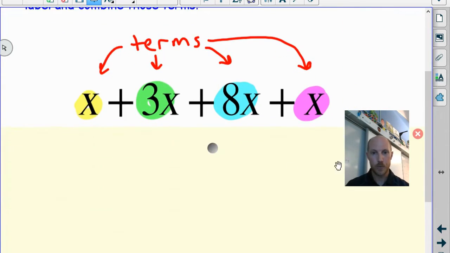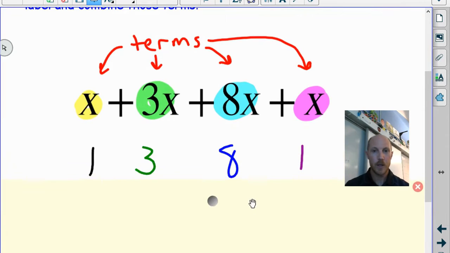Okay, so in this expression, I've got these different terms. Each of those is a different color. Each of those terms has a coefficient. If there is not a visible number, like on the yellow X there at the beginning, that means a coefficient of 1. It's just like, in normal language, if I have 1 pen, I don't have to say 1 pen.